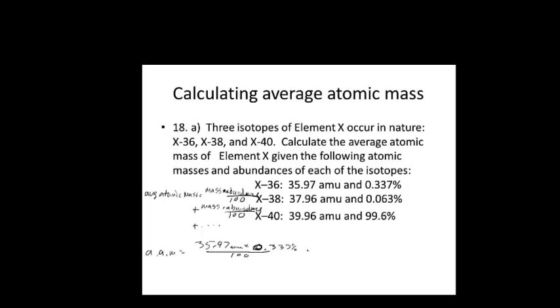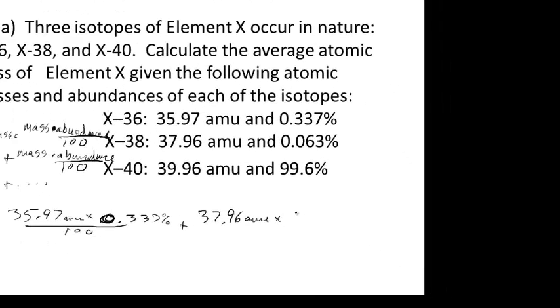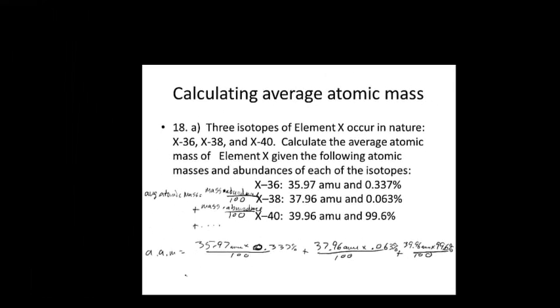We're going to divide that by 100, plus 37.96 AMUs times 0.063% over 100, plus 39.96 AMU times 99.6% divided by 100. And we'll plug this into our calculator.